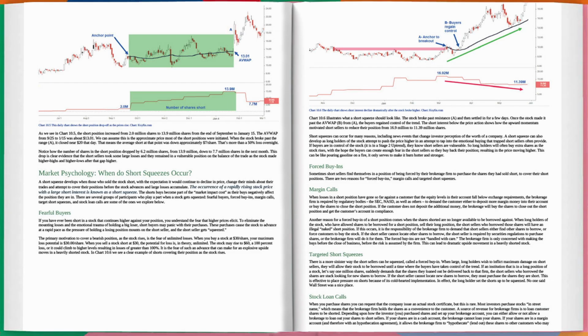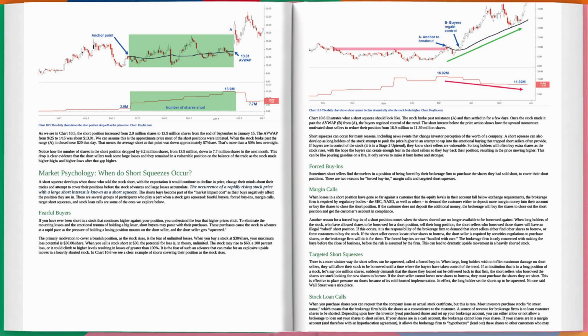Forced buy-ins. Sometimes short sellers find themselves in a position of being forced by their brokerage firm to purchase the shares they had sold short to cover their short positions. There are two reasons for forced buy-ins: margin calls and targeted short squeezes. Margin calls.